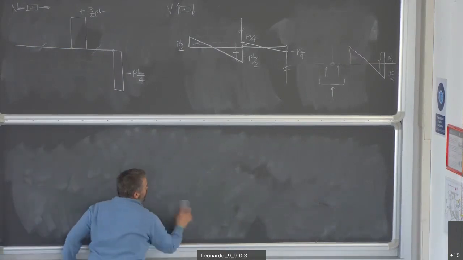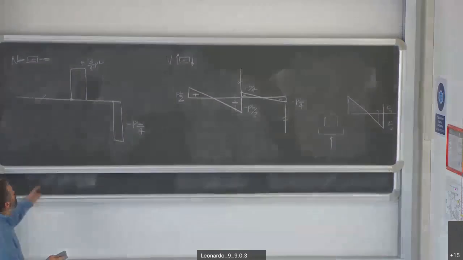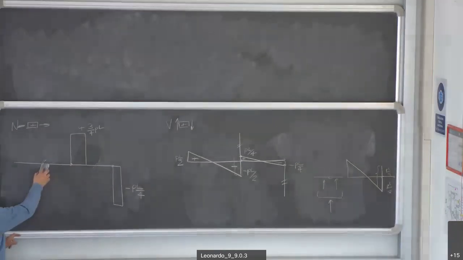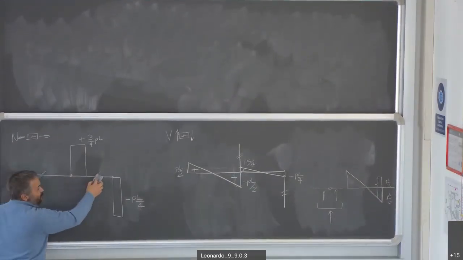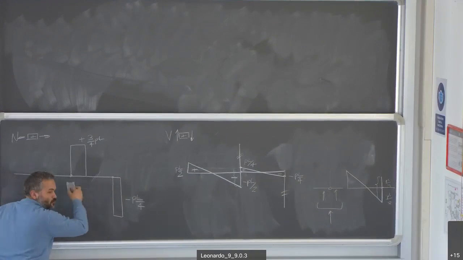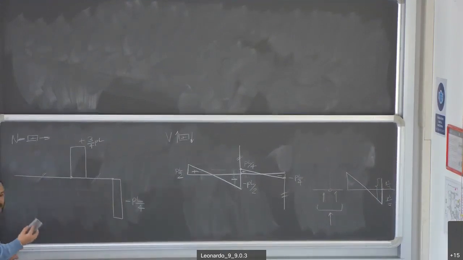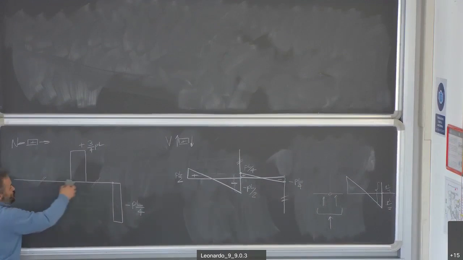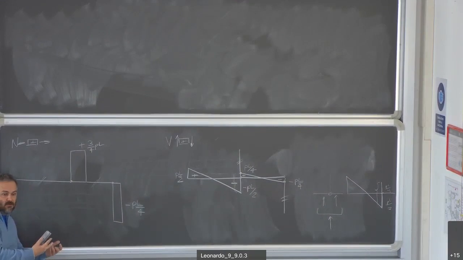Yes, so let me elaborate and correct me if I'm wrong. She says, if this member has 0 axial force and this member has 0 axial force, do I have to draw them? My answer is yes, because I want to see the whole structure, and exactly by highlighting the fact that there are rectangles here and that there is nothing here, I immediately see what the members which are subjected to axial forces are.